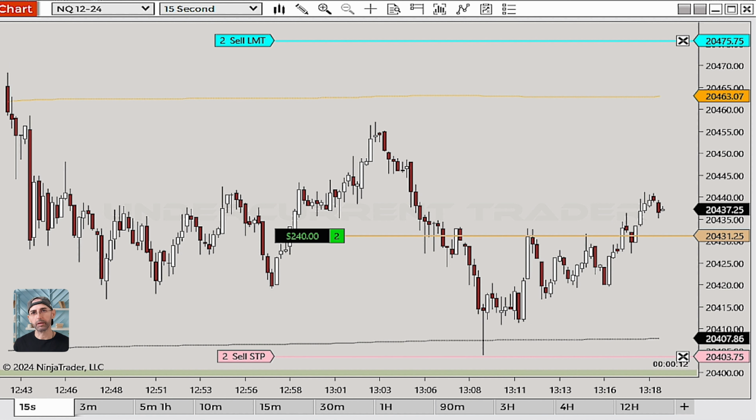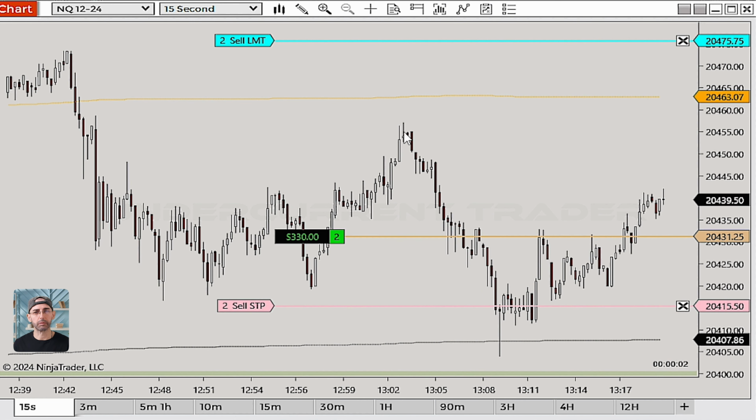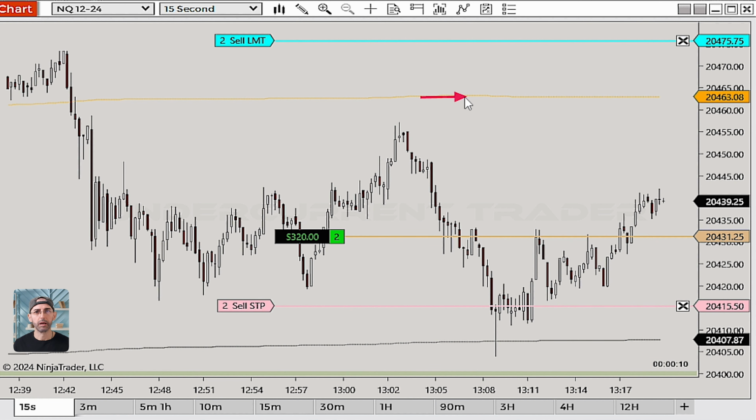At this point, I'm anticipating more upside, first into this imbalance zone and then toward the previous high around the 455 area, and possibly stretching all the way to the VWAP upper band.